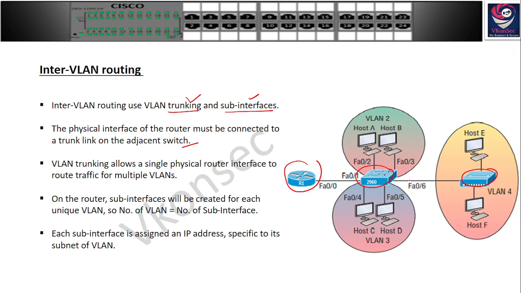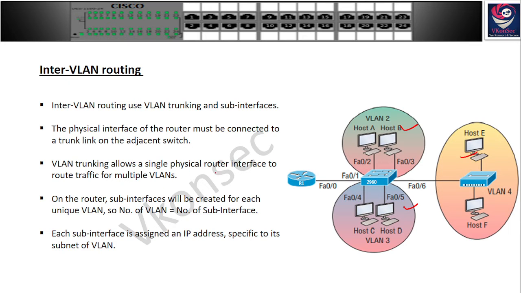So how many VLANs do we have? Three VLANs: VLAN 2, VLAN 3, VLAN 4, right?